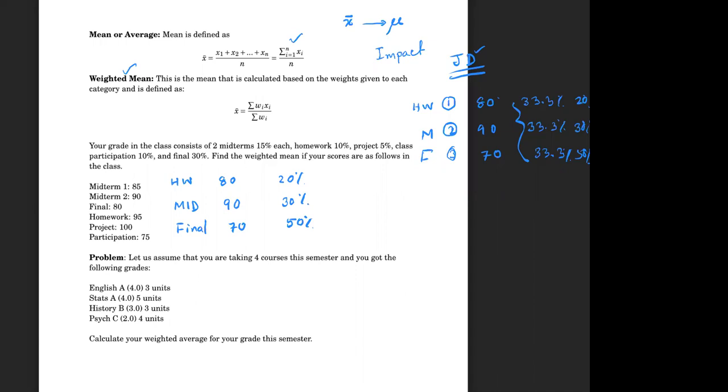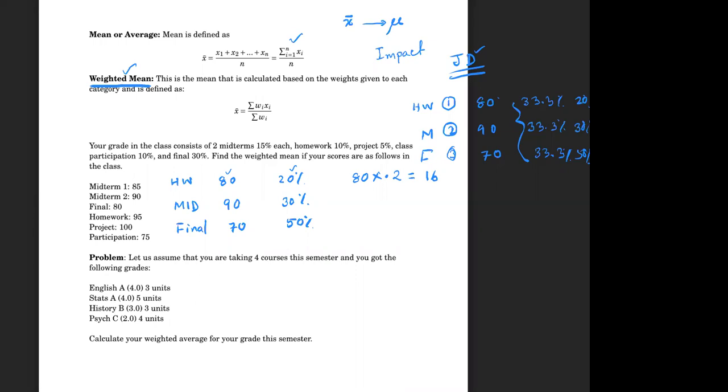To find your average, which you would call weighted average, you take this number and multiply it by the corresponding weight. So it's going to be 80 times 20%, which is 0.2, which is going to give you 16.